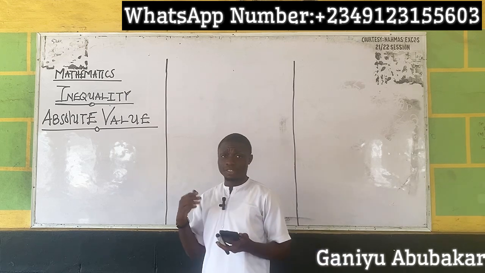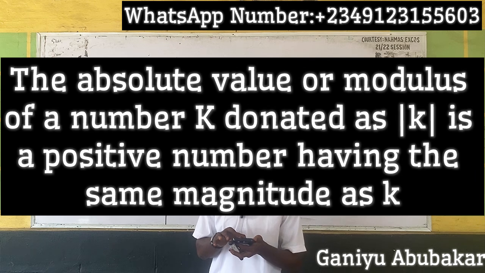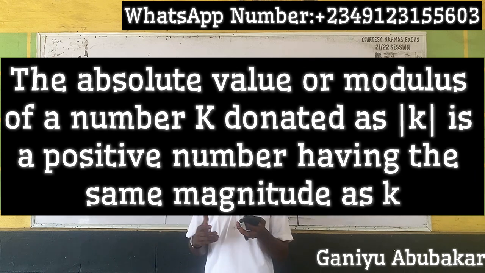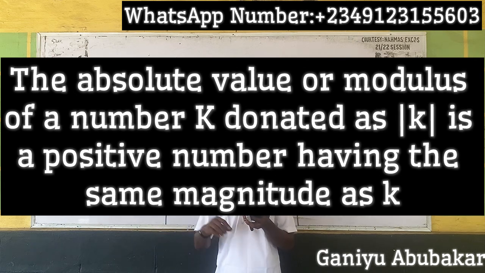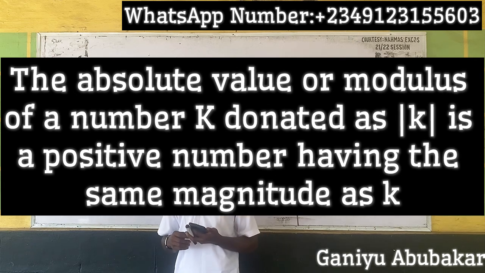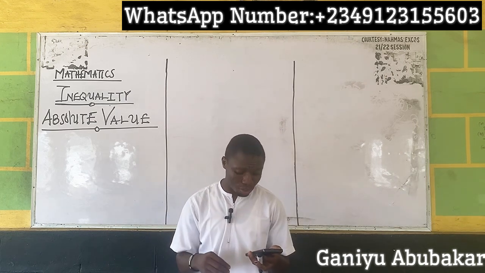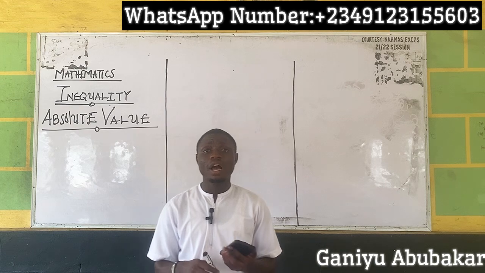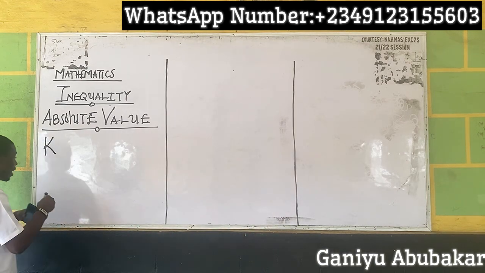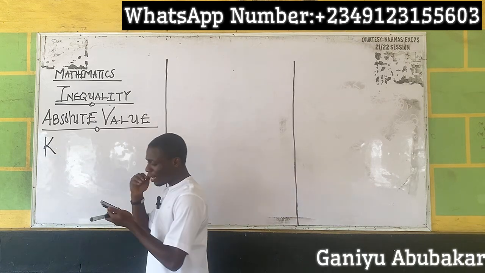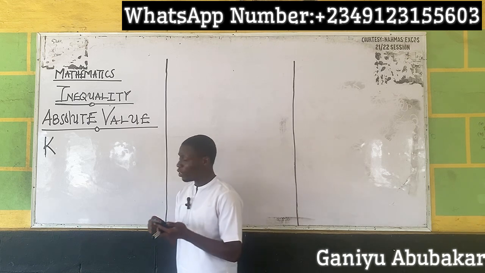So what's the absolute value by definition? The absolute value or modulus of a number k, denoted as |k|, is a positive number having the same magnitude as k. I'm saying that the absolute value is also called the modulus of a number.